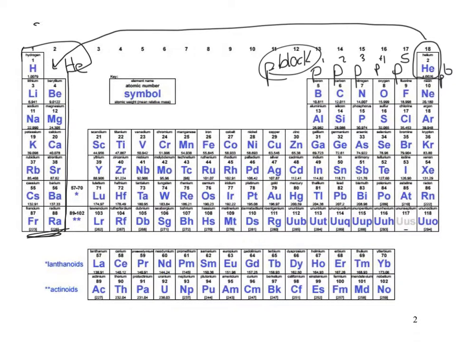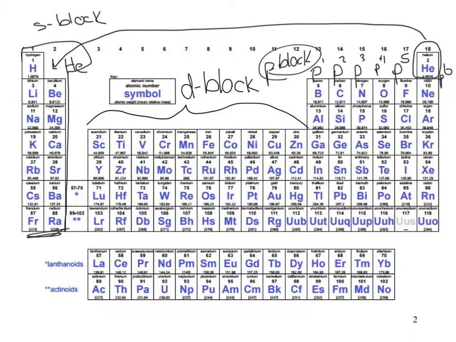This is what's known as the s block. And we have the d block. The d block has 10 electrons. Take a look at the table, see if you can figure out where the d block is. And for those of you who said the d block was in the middle, you're right.